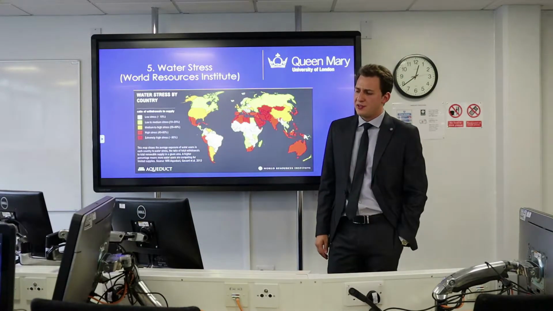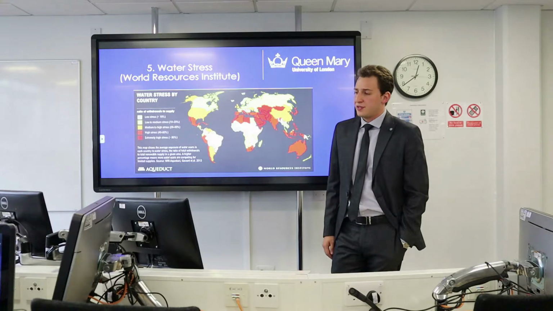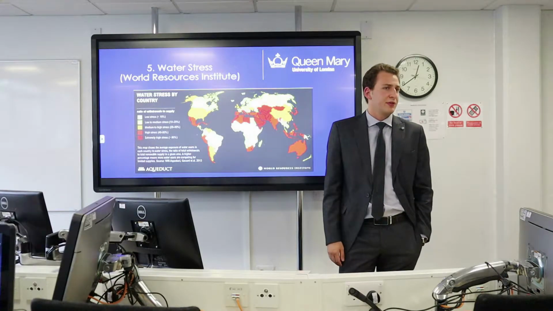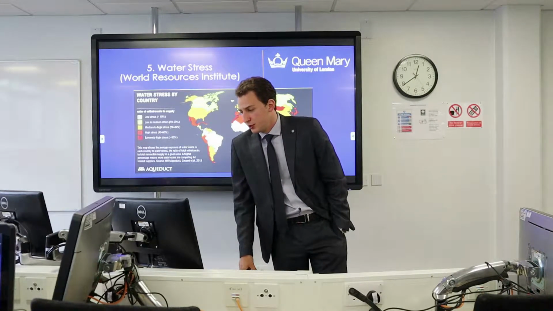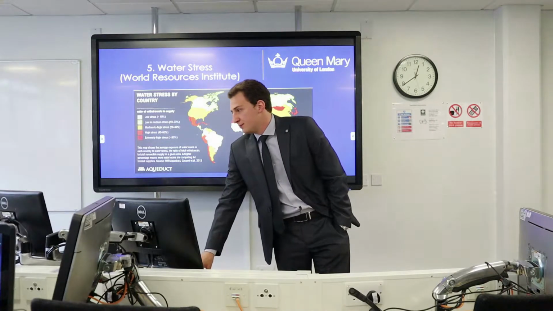And it's surprising how much of the world is actually under water stress according to that research. Well, there might be something to do with the methodology. I don't know, but definitely look into it and see what you can make of it.